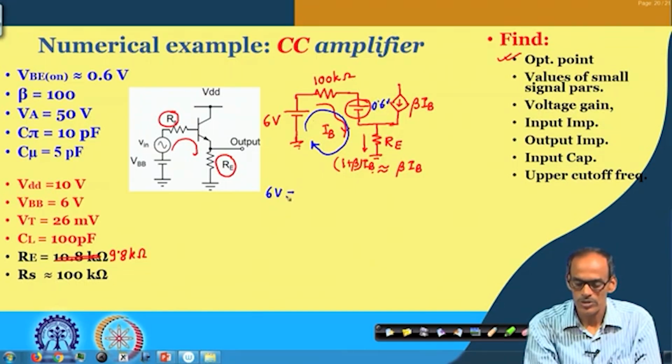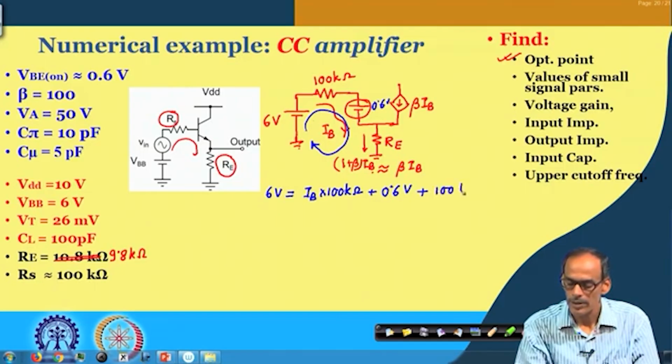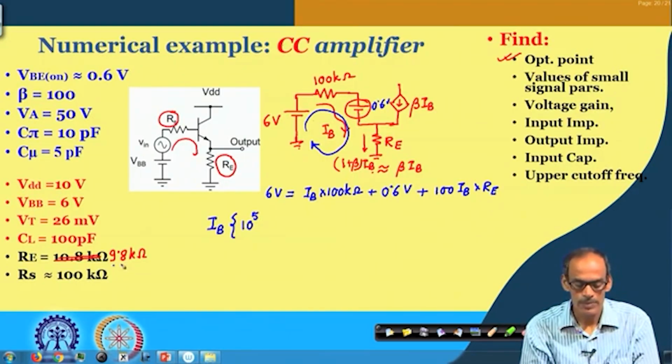So, 6 volt equals IB into 100K plus 0.6 volt, plus roughly 100 times IB into RE, and RE we said is 9.8K.